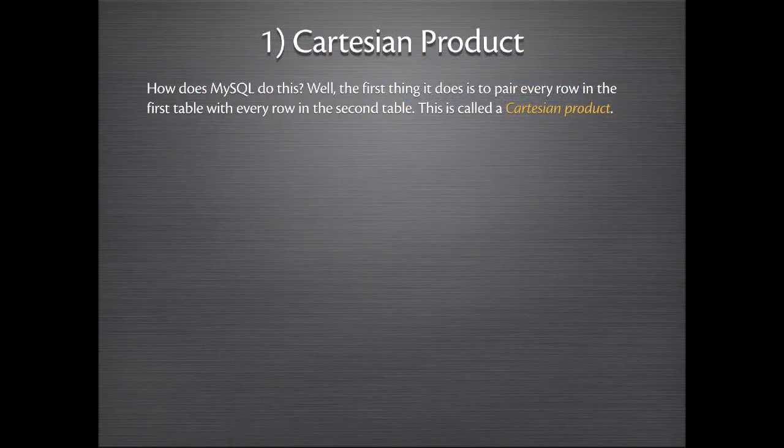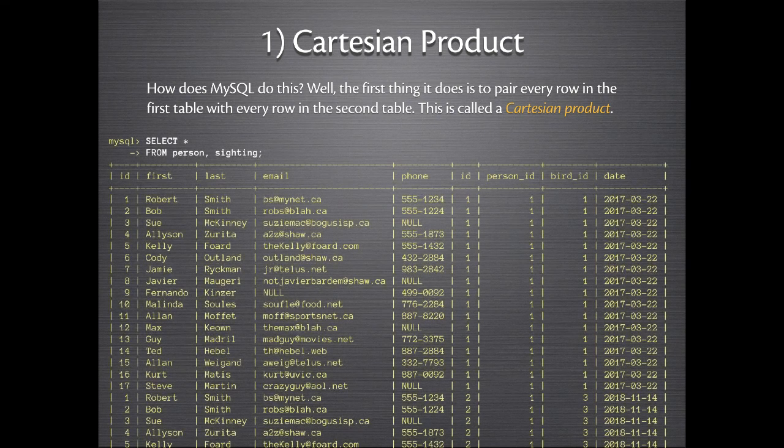So what happens? I want to step through this, and I just want to show you images here from the terminal window of how this works. When we join two tables, the first thing that MySQL does is to create what's called a Cartesian product. Let's take a quick example. I select star from person and citing. This is really similar to what we were doing in one of our earlier examples.